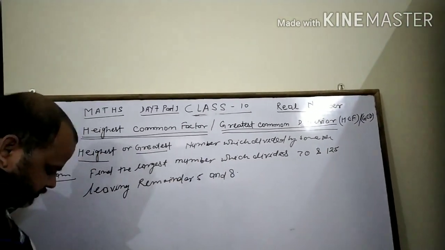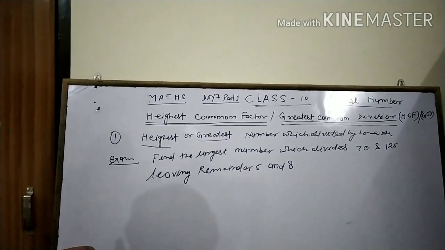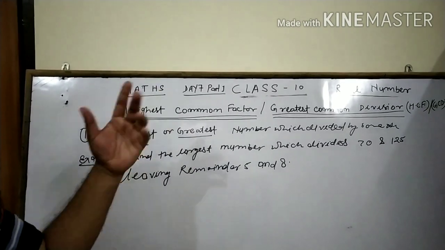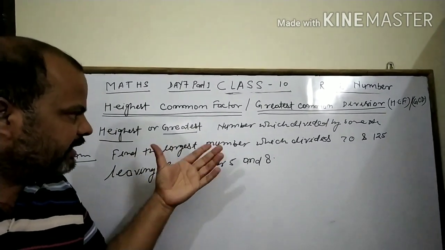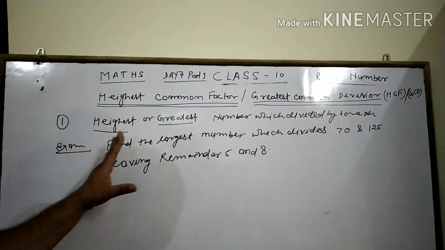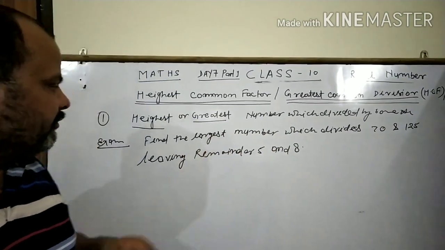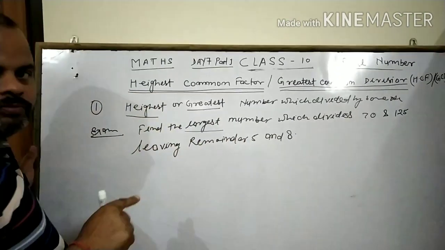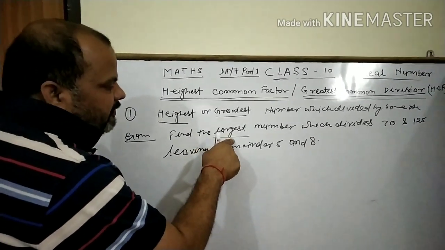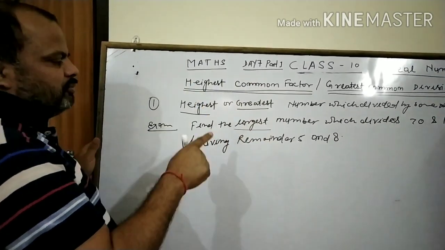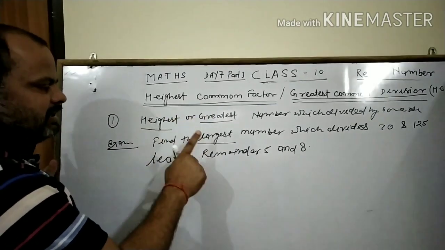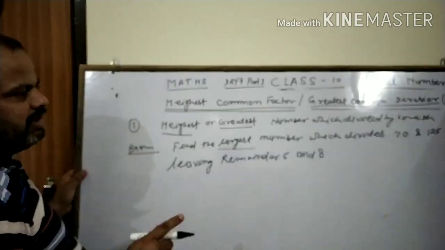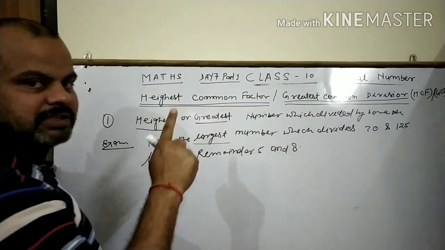Clear? See, in the question, whether it is largest, highest or greatest, both are the same thing, and it is not given to find the HCF. With the word largest we can decide what to do. If in this type of question words like highest, greatest, largest are given, then you must find HCF.